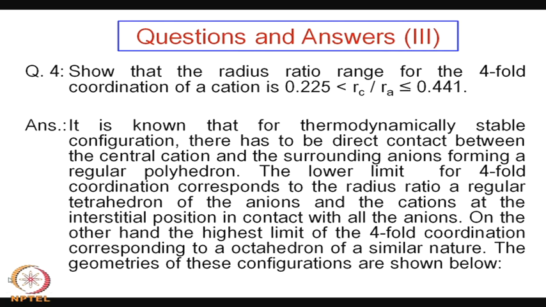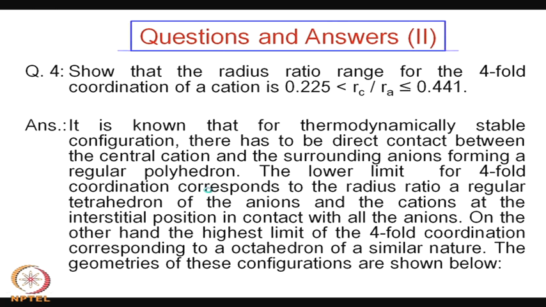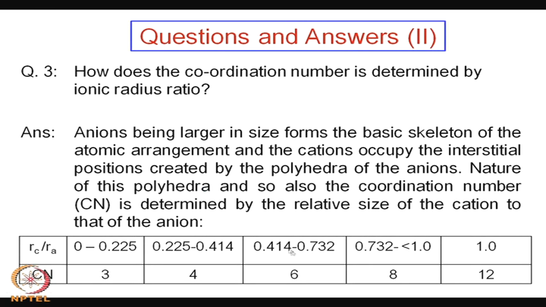The fourth question is, the radius ratio range for the 4-fold coordination of a cation is between 0.225 and 0.414, that we have listed earlier, but we have to justify why this number comes.